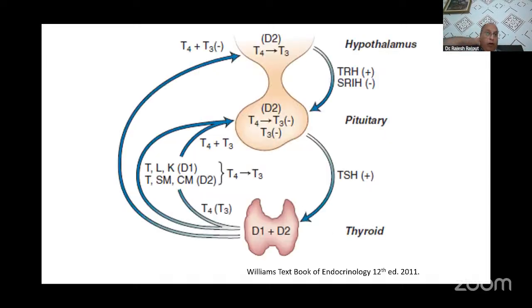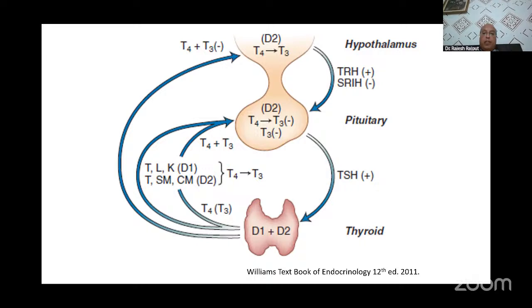Now, if you have to understand thyroid function tests, you have to understand basically the concept of the hypothalamo-pituitary-thyroid axis. From the hypothalamus, TRH is secreted, which acts on the pituitary gland.